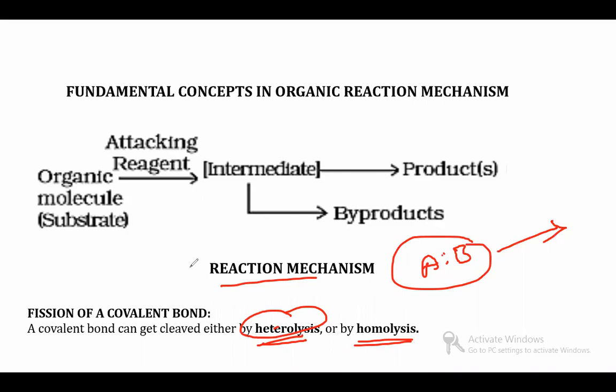So in the reaction mechanism, the substrate gives a product through an intermediate. How? Through the fission of the covalent bond, the sharing of electrons, in which the molecule splits into two or more parts, which is called fission. The fission of a covalent bond can be cleaved in two ways, either equally or unequally.